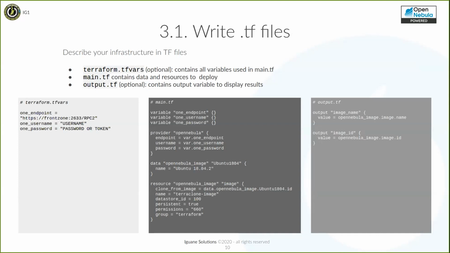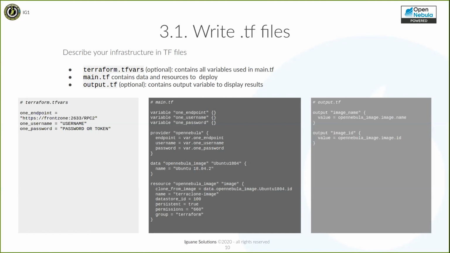If you don't want to use a full password, you can create a specific user and a token with an expiry date. Then you just have to initialize your provider with these values, and then you can directly use data sources and resources. For the example here, it's just to clone an existing image to create a new one.